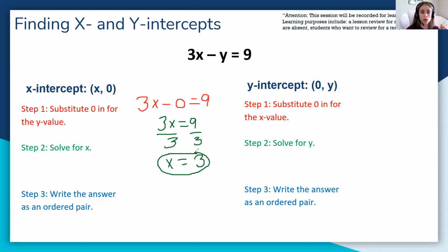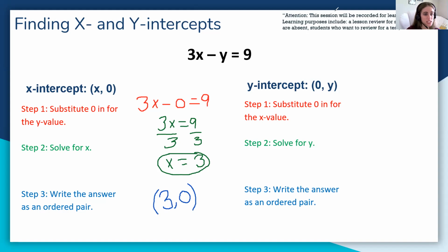So when y is 0, our x is 3. This gives us our x-intercept because we are saying, hey, y is 0. When that happens, your x value is 3. And look there, there's your x-intercept.